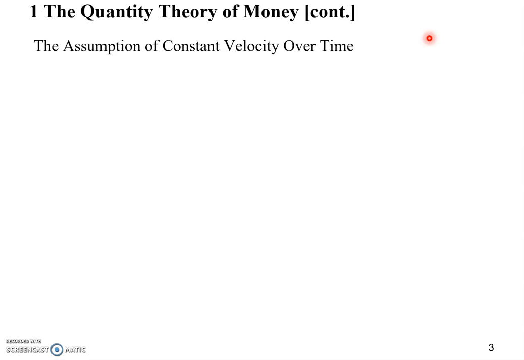Later in this chapter, we're going to check how true this assumption is on the ground. We're going to check out the velocity measures. Now, because we assume the velocity is constant, of course, the percentage change in velocity is going to be 0, because a constant doesn't change at all.